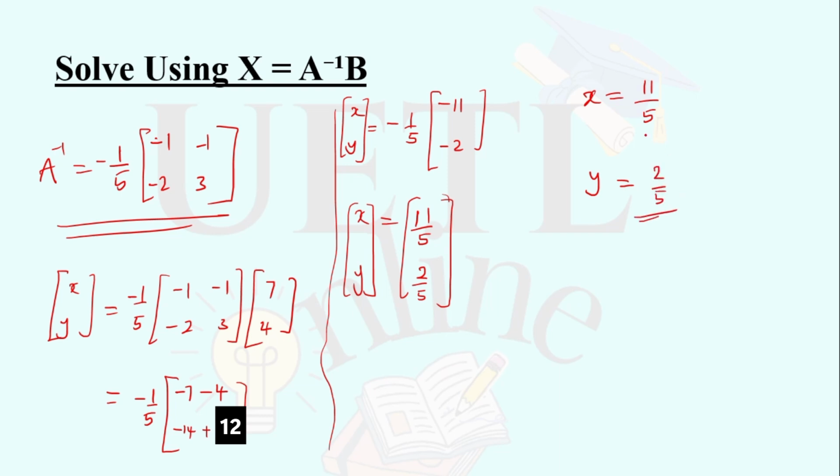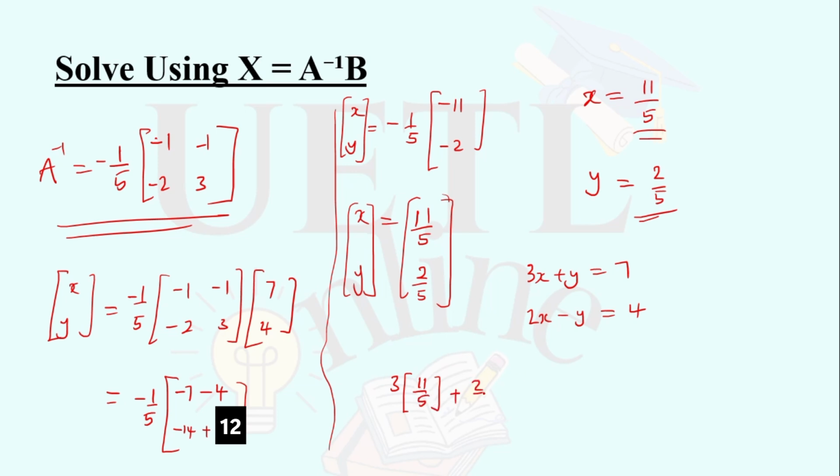Now our duty is just to check if this is correct. We have our equations, which are 3x plus y equals 7 and 2x minus y equals 4. You can simply check. Let's check with the first one: let's put our x as 11 over 5, plus let's put our y as 2 over 5.